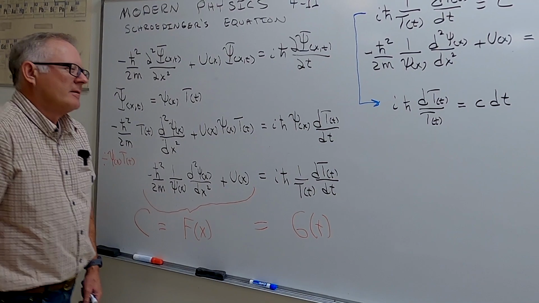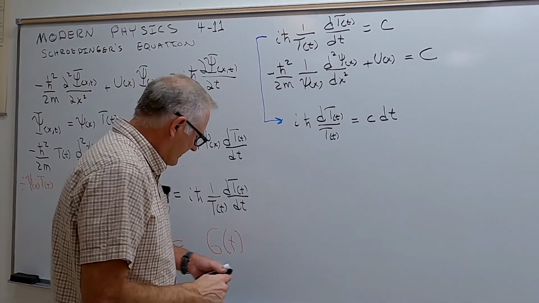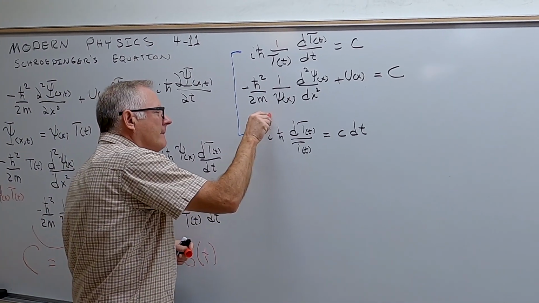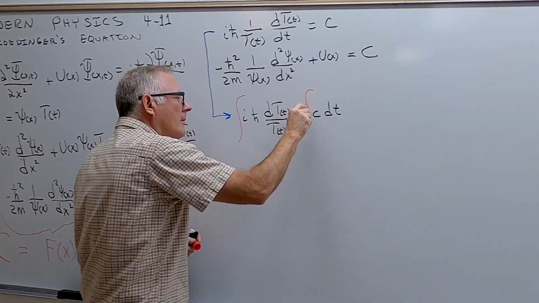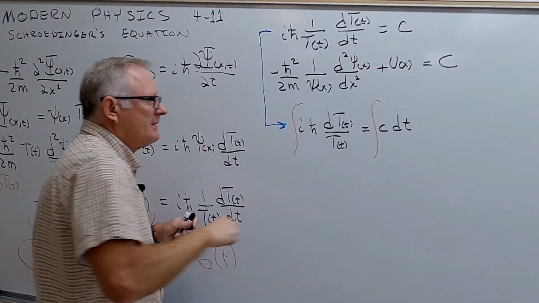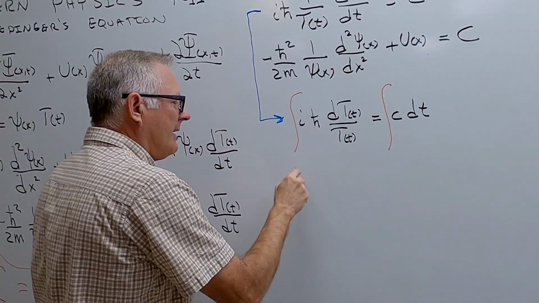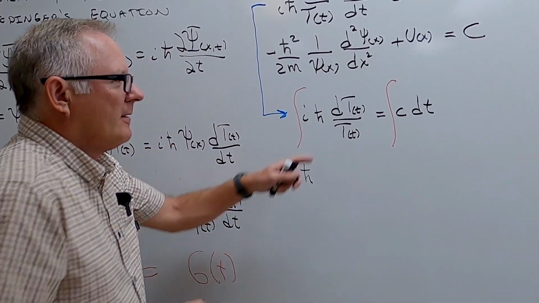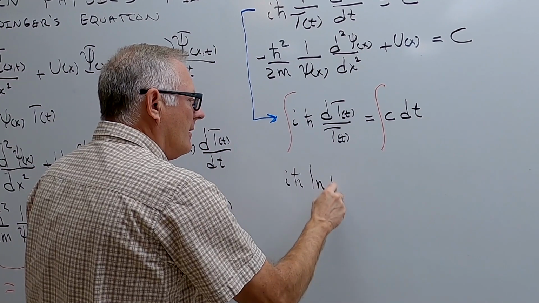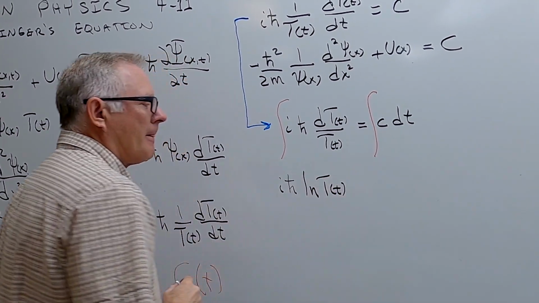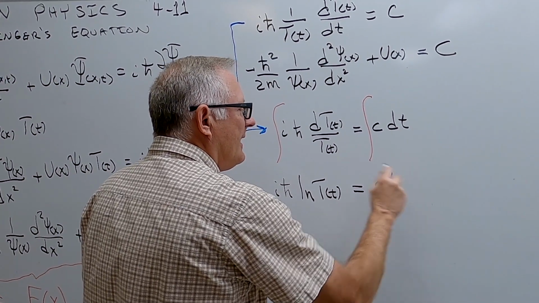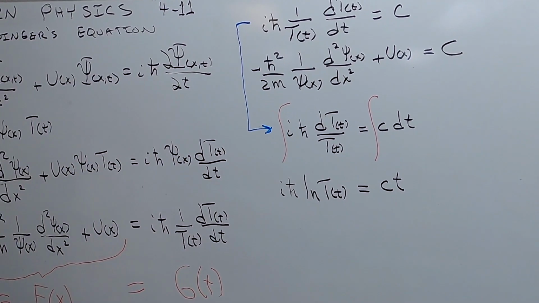Okay, well, we can integrate both sides to get rid of the d. Then this becomes i h bar, the natural log of T, equals c t. Oh, but you got a constant in there too.